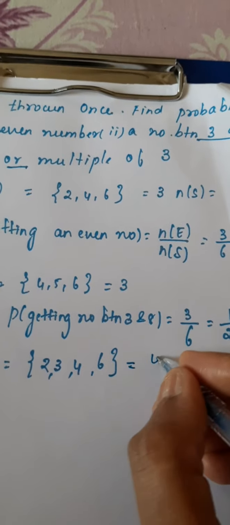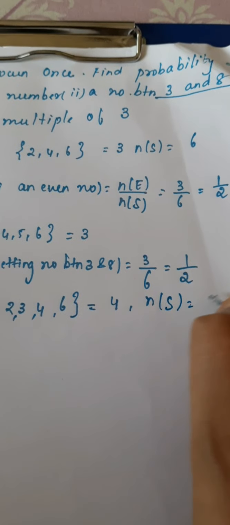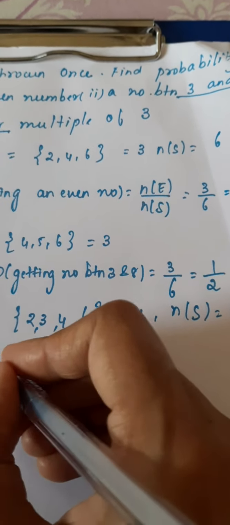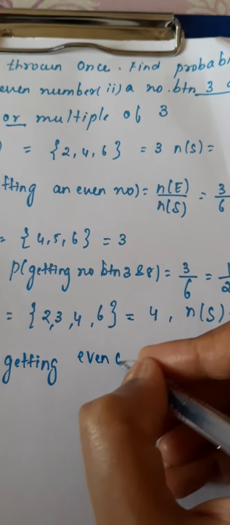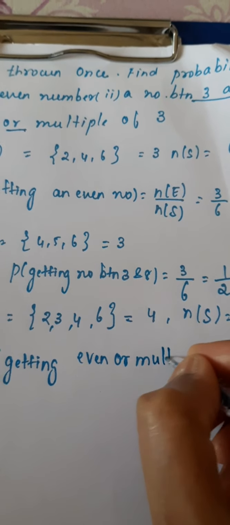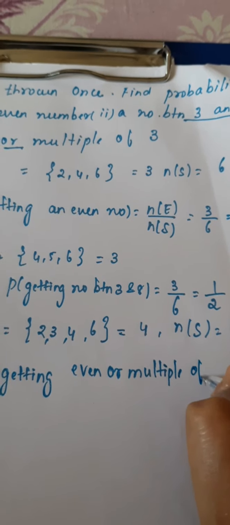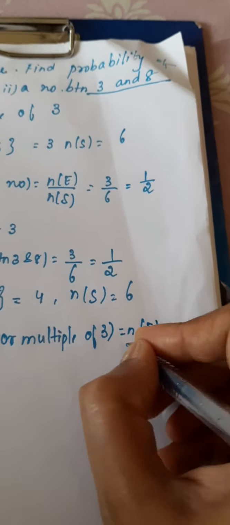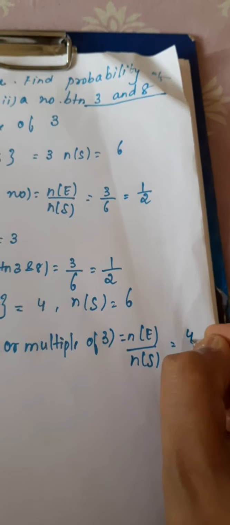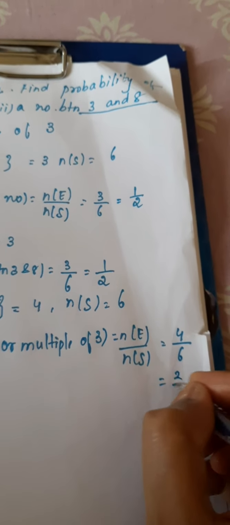So OR means we need to include both the combinations. So it's 4 and n of S is 6. So the probability of getting an even number or a multiple of 3 is going to be 4 by 6. Further simplifying, you get 2 by 3.